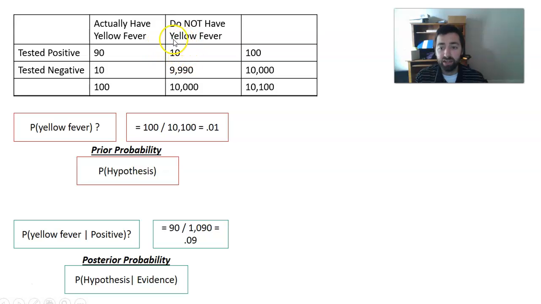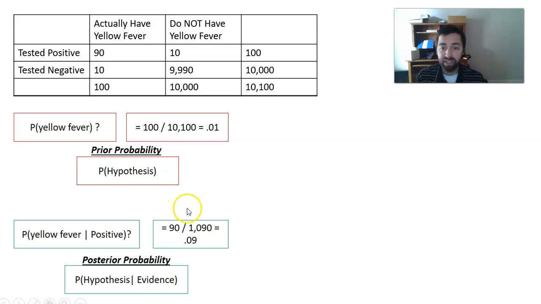So now, if I recalculate my posterior probability that I actually do have yellow fever, given that the test comes back positive, well, it's come back positive 100 times so far, and 90 of those 100 times, it has been accurate. It's been a true positive. It's only been a false positive 10 out of those 100 times.